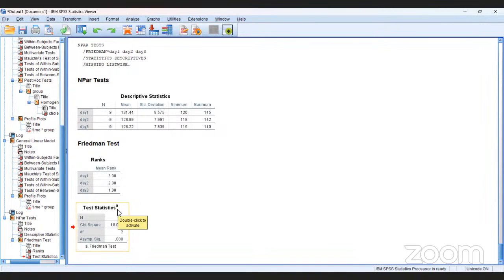This is called the ANOVA with repeated measurement. But it is the Friedman test. It is the non-parametric test. And do not forget, it is the Friedman test.